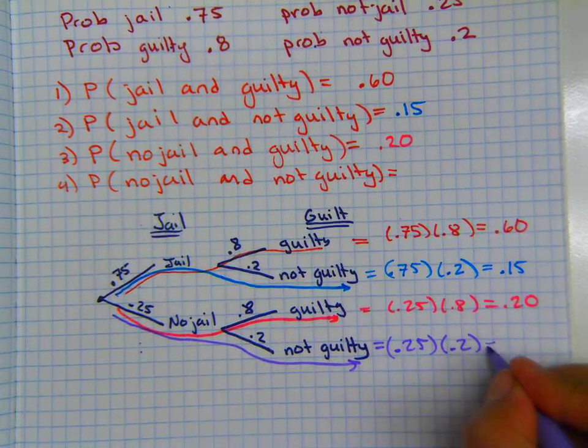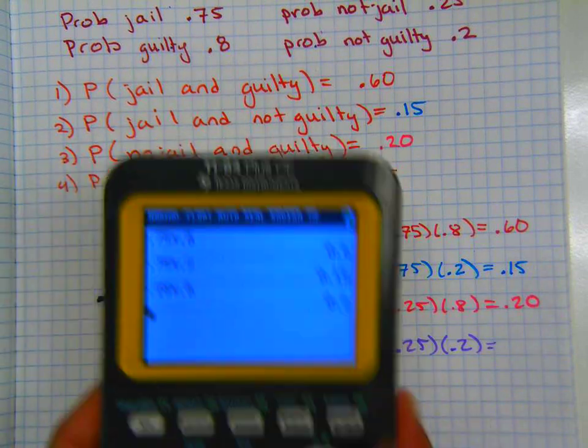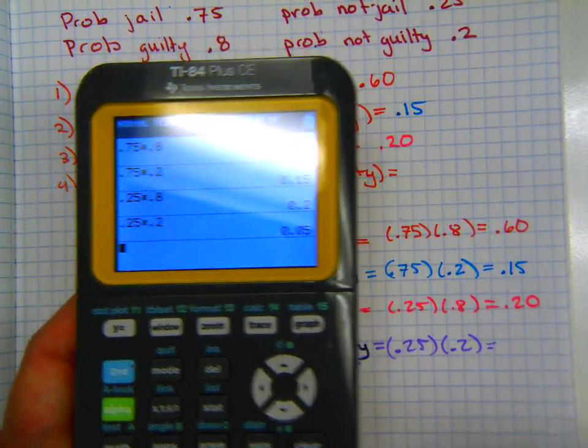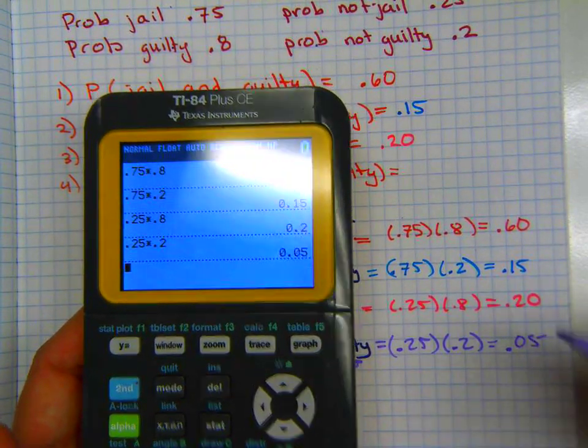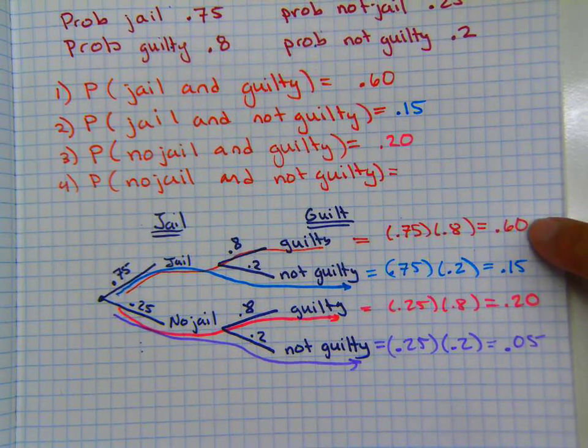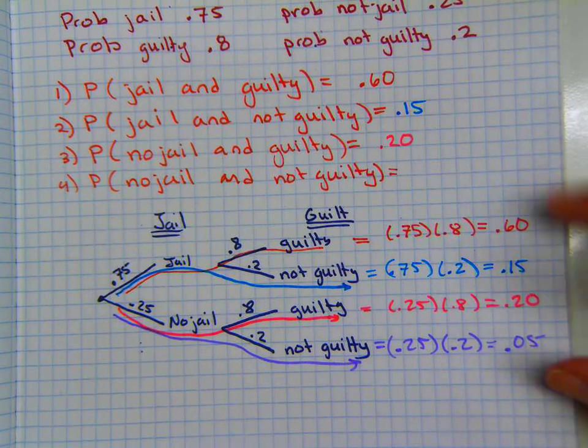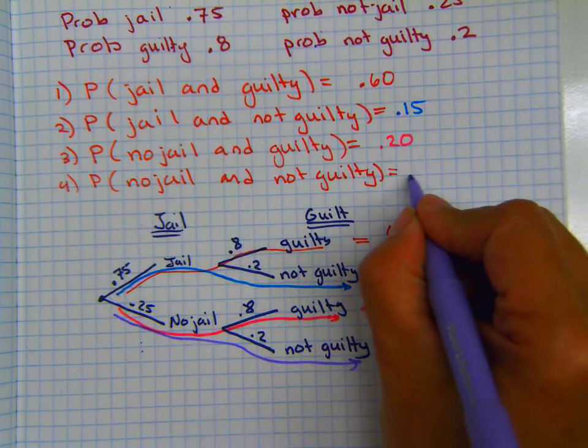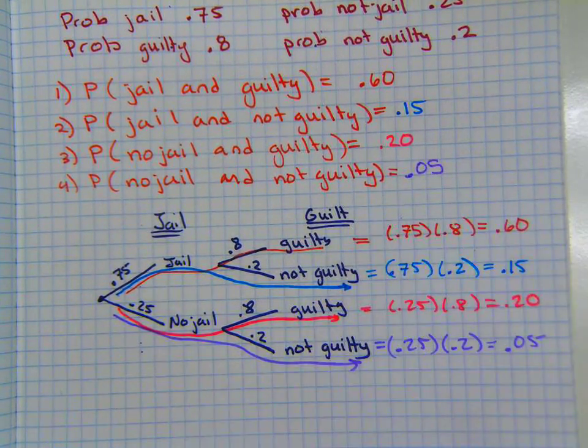So there's a couple ways I can multiply that together. 0.05, or I could have just added these together. So that's 60, 75, 85, 95. I know this had to be 0.05 because this all has to add up to 1. But to answer the original question, this one should be 0.05.